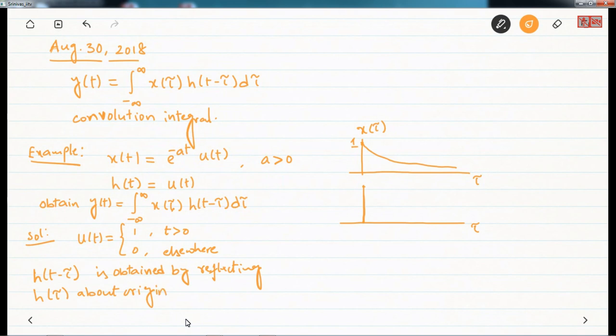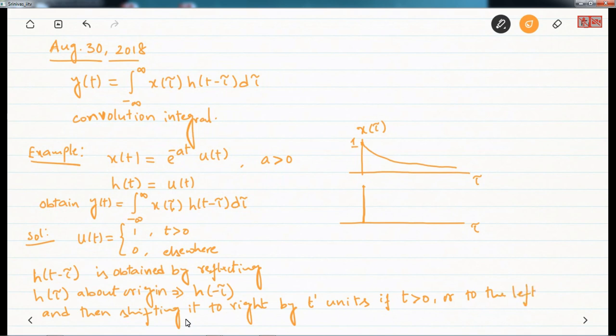That means we will be getting h of minus tau first, and then shifting it to the right by t units if t is greater than 0, or to the left by mod t units if t is less than 0.